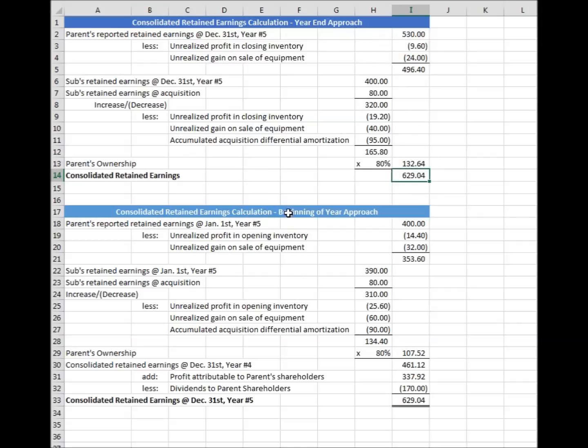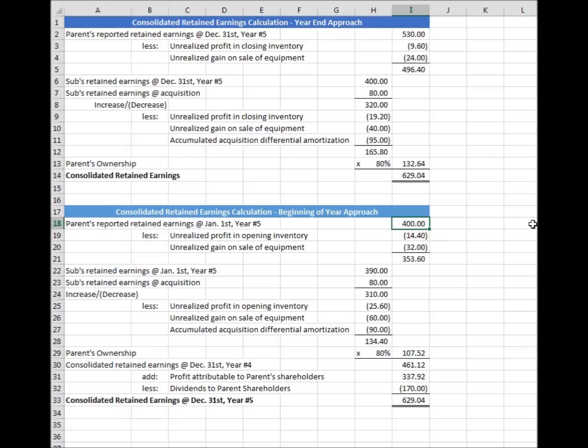But we're going to go over the beginning approach now, which is relatively similar with a few twists. Okay, so over here, we start with the retained earnings at the beginning of the year, or it might also, in the problem, be stated that it's at the end of year 4. Regardless, whether it's a day off, it'll probably be the exact same.